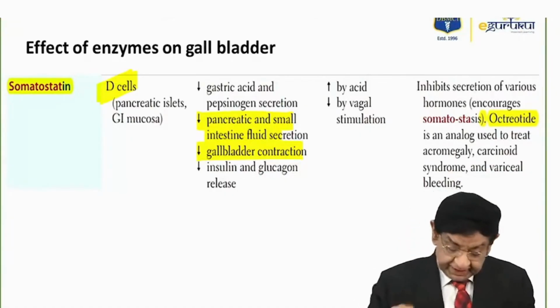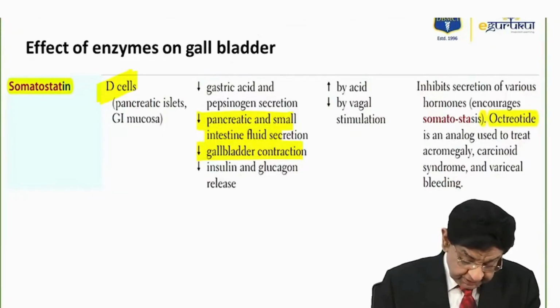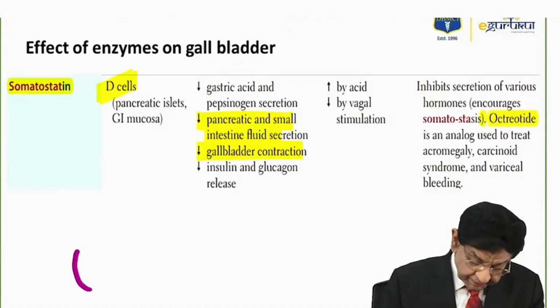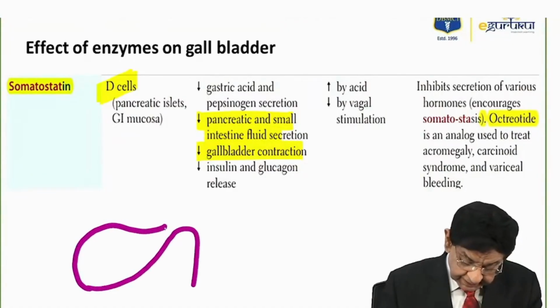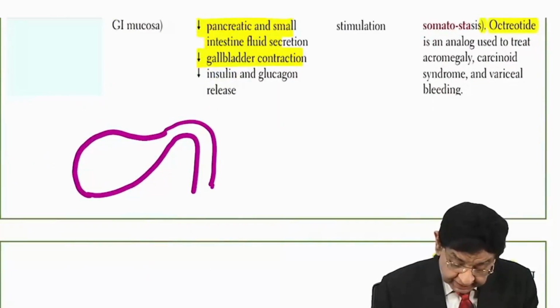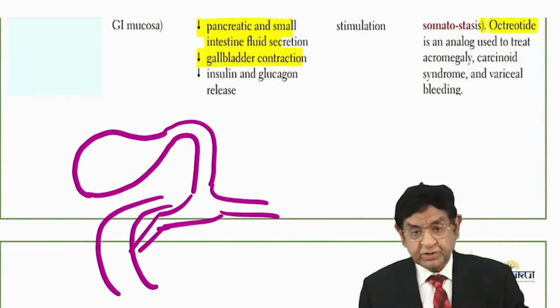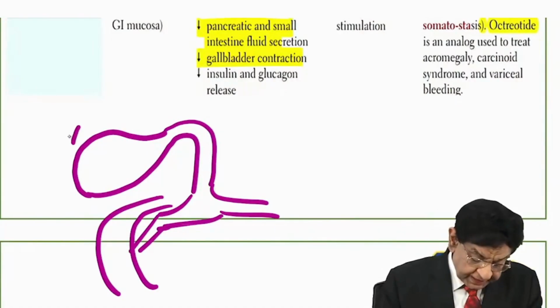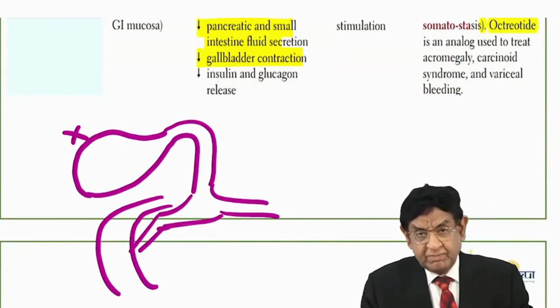So if I have to draw a diagram for you, this is the gallbladder, and ultimately this comes down, and this is the pancreatic duct, and this opens in the duodenum. So what is it going to do? It will not let the gallbladder contract. The gallbladder will not contract.